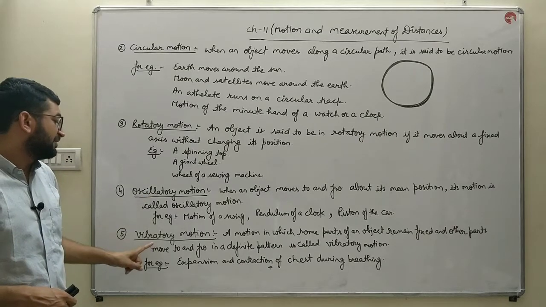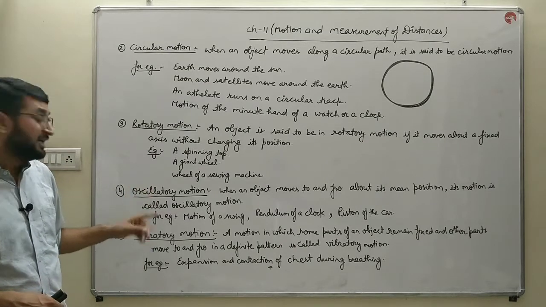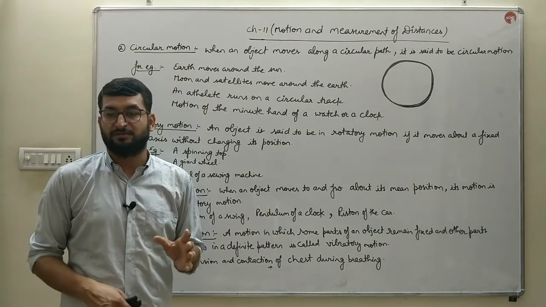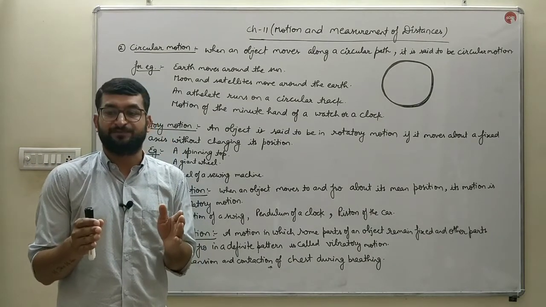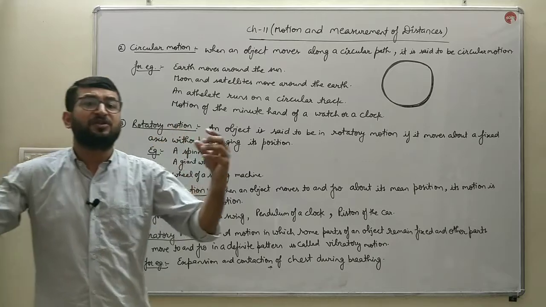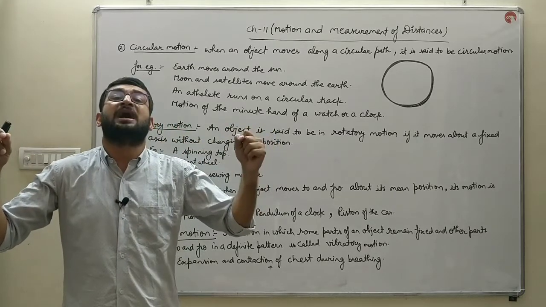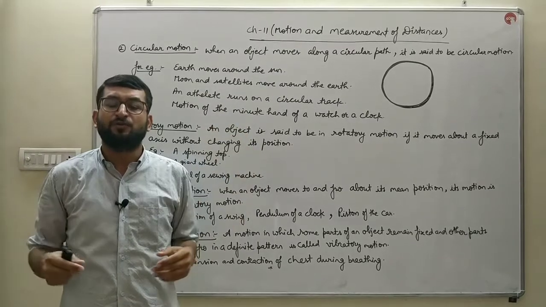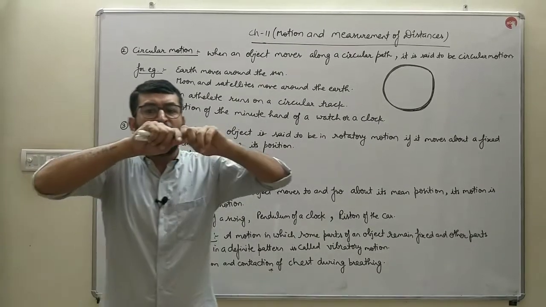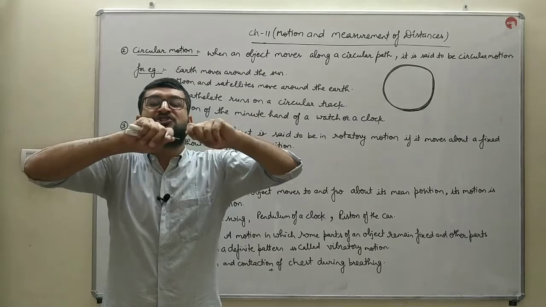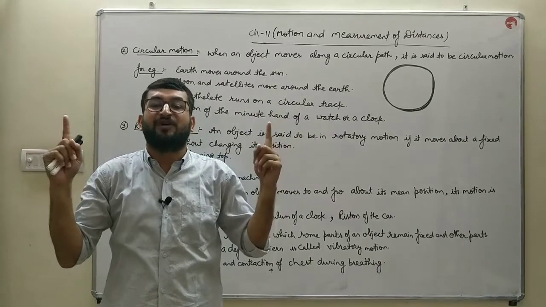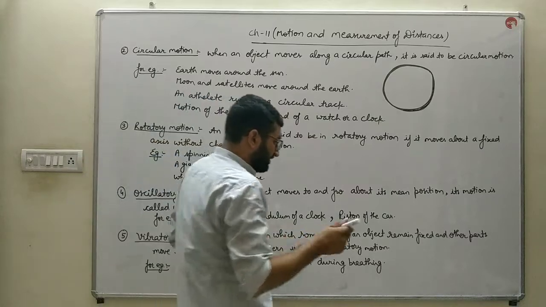In oscillatory and vibratory motion, what is the basic difference? In this motion, some part of an object moves around its mean position; some parts will remain fixed and some parts are movable. For example, if you hold a steel string or a fine wire string with the help of iron nails, like this.